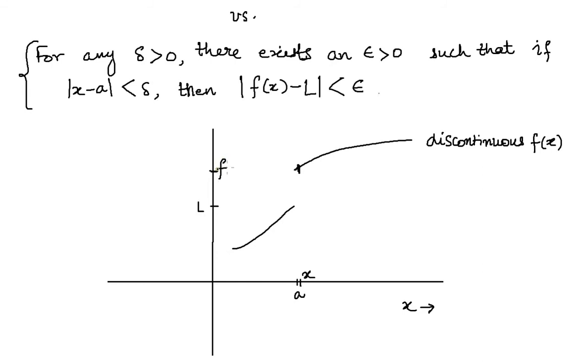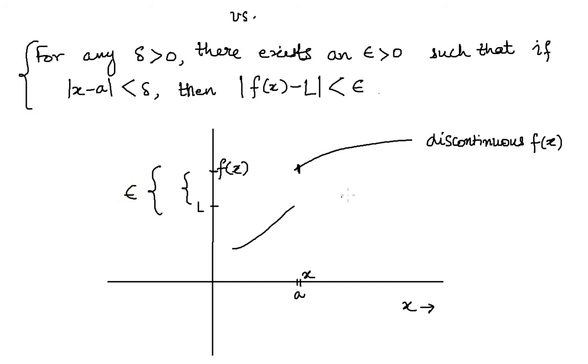So you see, although f of x is quite far away from an assumed limit L, it's not really close, but still you can say that the absolute value of f of x minus L is less than some epsilon. You can always find that epsilon. That epsilon, for example, could be a finite number. You could take this to be epsilon.